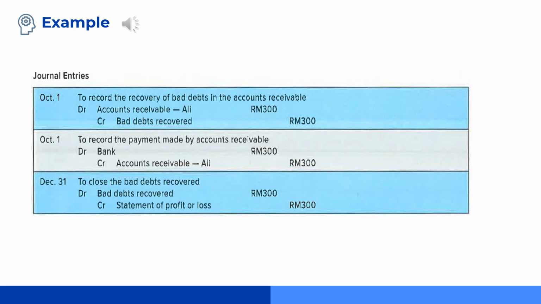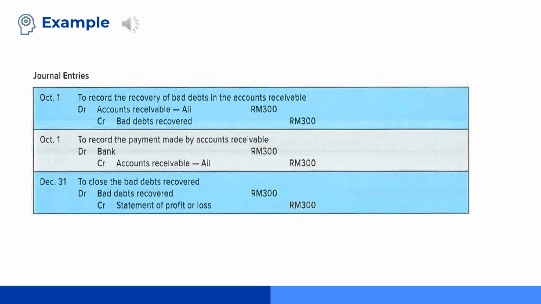This is the step-by-step journal entry on how you record a bad debt recovered. First, you have to record the recovery of the bad debt by debiting back the accounts receivable, for example here Ali 300, and then you credit the bad debt recovered.